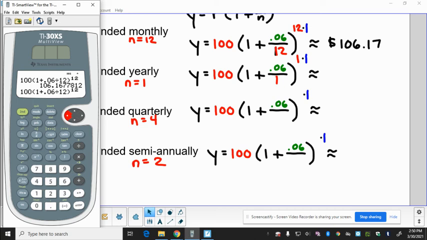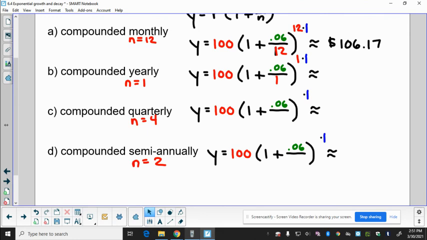So my exponent is just going to be 1. And my denominator is just going to be a 1. So compounded 1 time a year is going to be $106 and 0 cents.